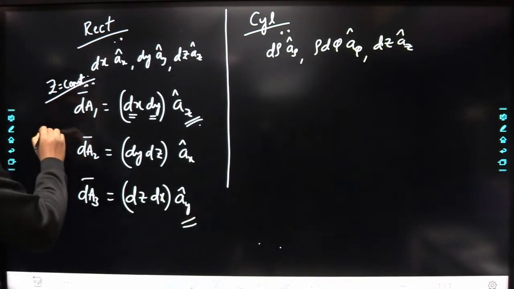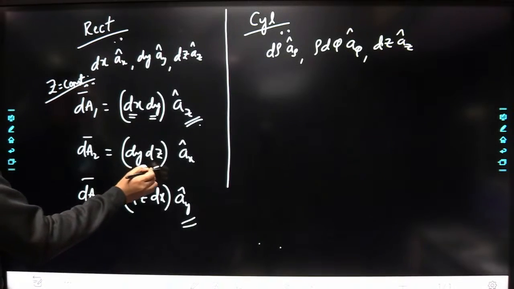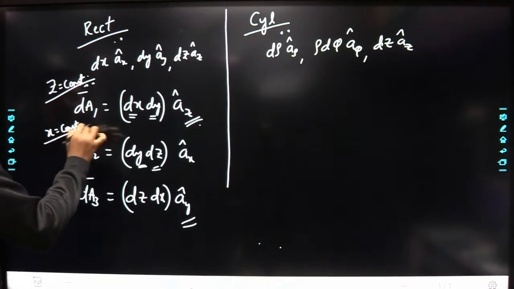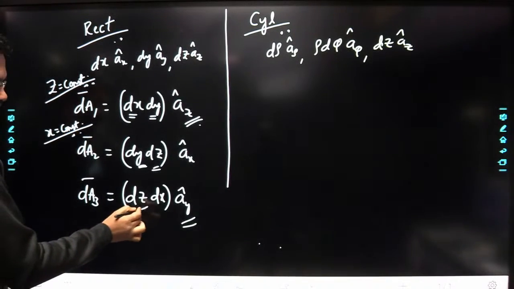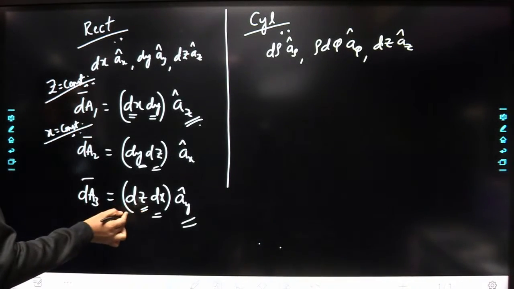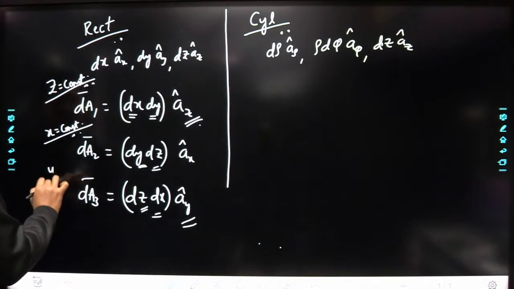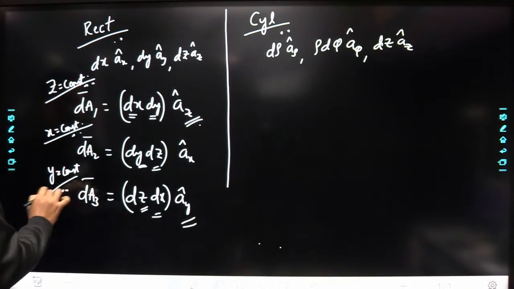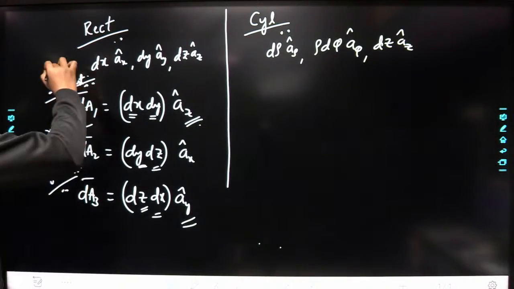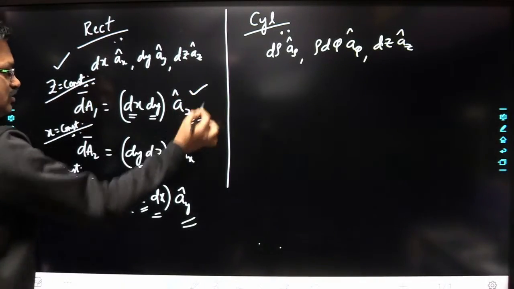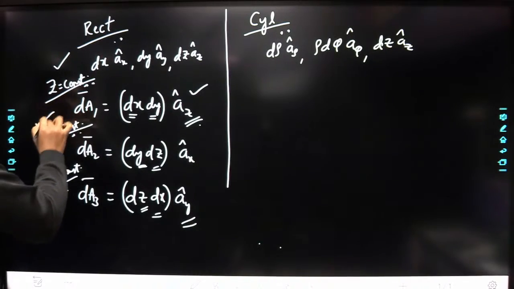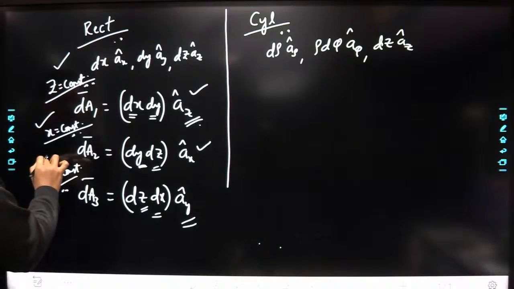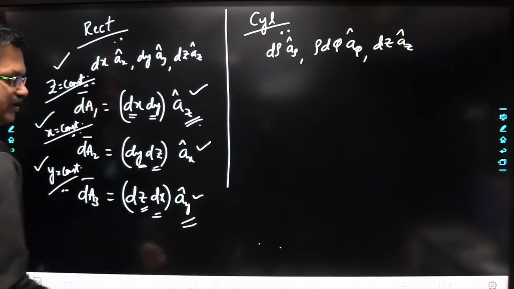Here the variables are y and z, so we call this the x equal to constant plane, and here the variables are z and x, so we call this plane the y equal to constant plane. For z equal to constant plane, the direction is along az cap; for x equal to constant plane, along ax cap; and for y equal to constant plane, along ay cap.